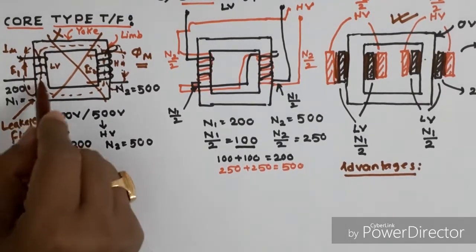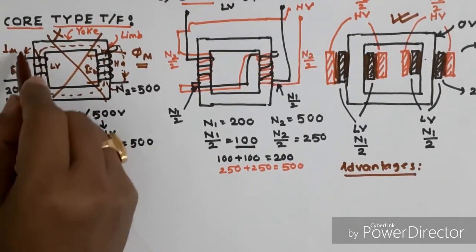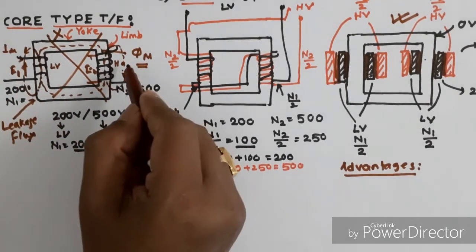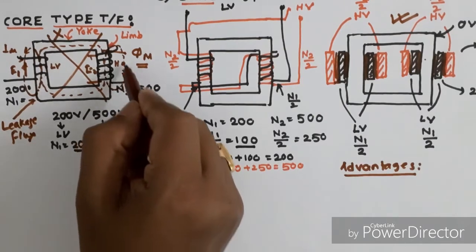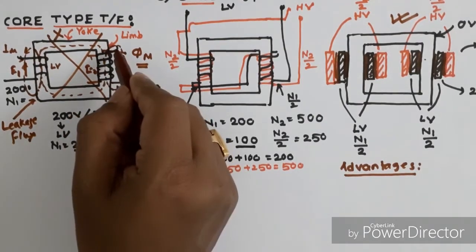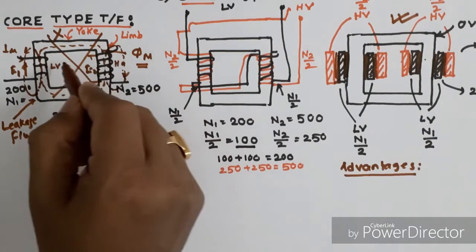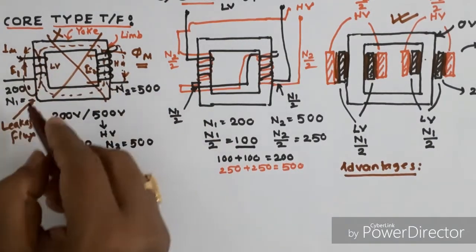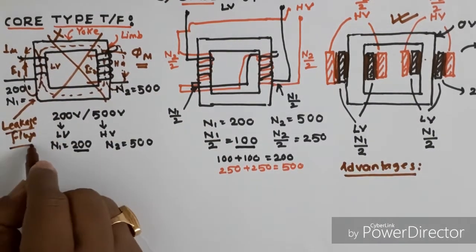This leakage flux makes no contribution to the EMF induced here or here. Therefore, this is the wastage of flux.